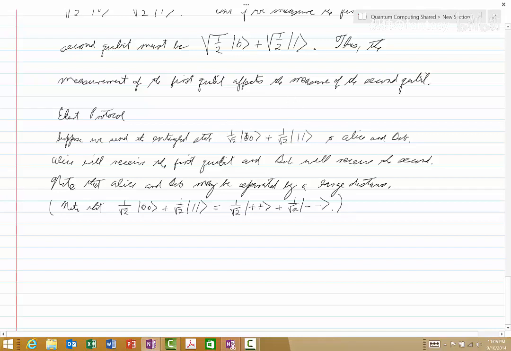And Alice measuring the first qubit, Bob measuring the second qubit. And then after they've done the measurement, they can discuss publicly what measurement bases they used for each case.